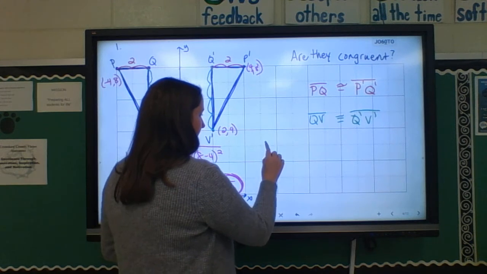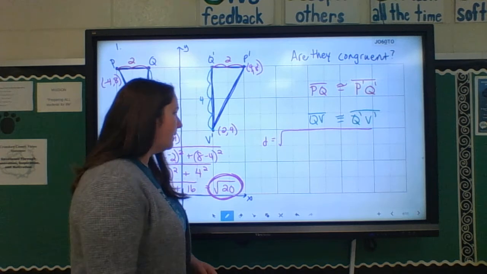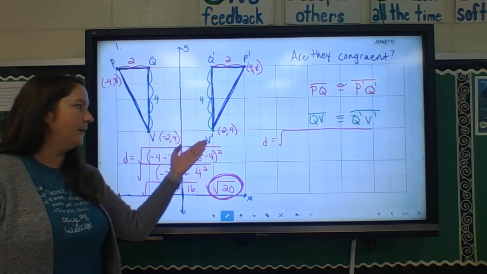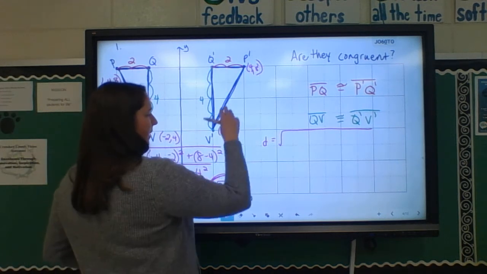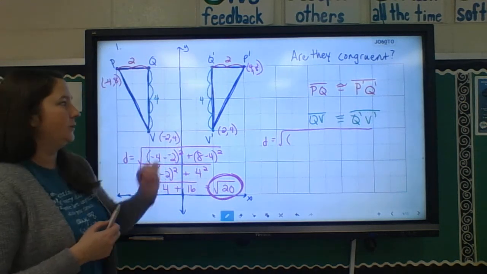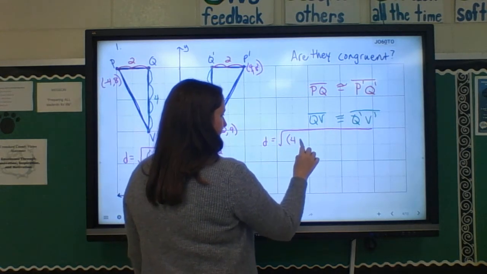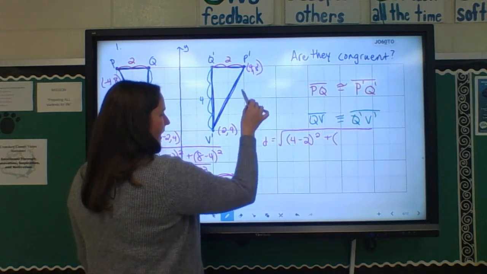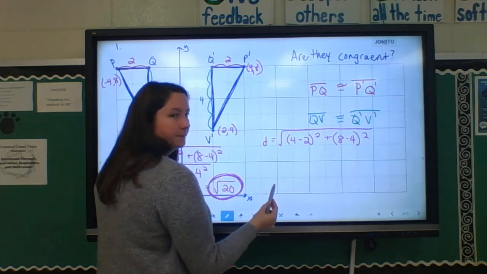Remember, it doesn't matter which ordered pair you start with. Since I started with the top over here, I'm going to start with the top over there. So 4 minus 2, subtract your x's and square them. Subtract your y's, 8 minus 4, and square them.